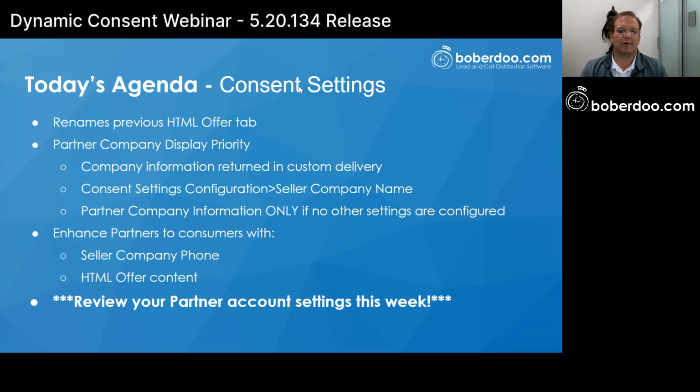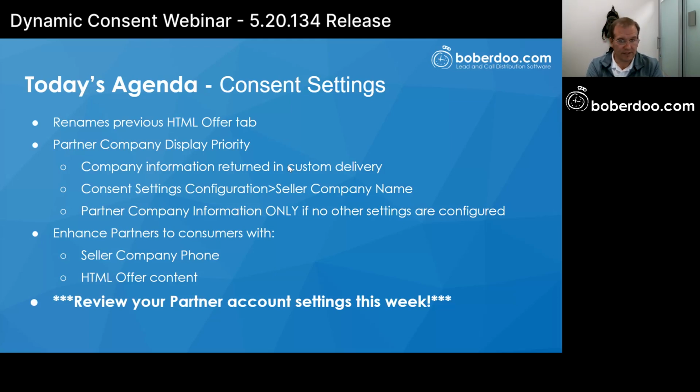So boberdoo has released with this update a consent settings tab. It renames and offers new functionality of the HTML offer tab of the partner settings. So there is a display priority for the partner company information.